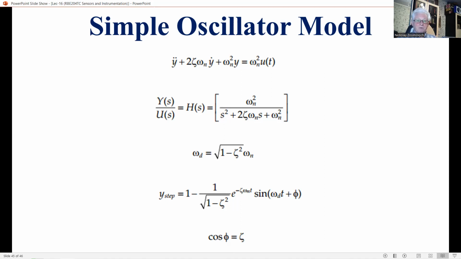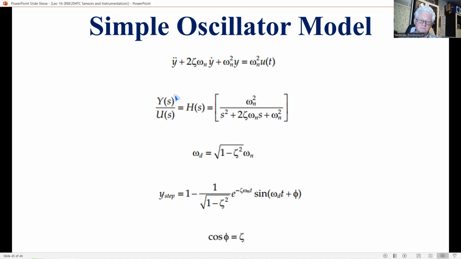The model can be expressed by the first equation here on the top. Omega n here is the undamped natural frequency. Psi is the damping ratio. The corresponding transfer function model is the expression on the next line, y over u.